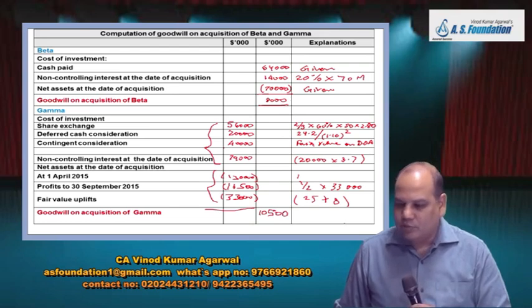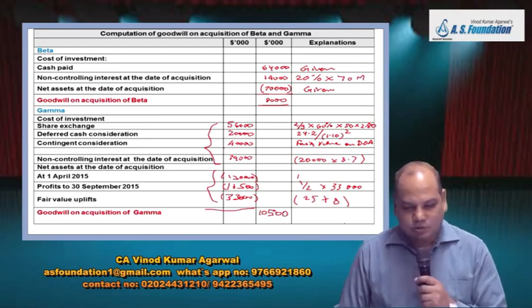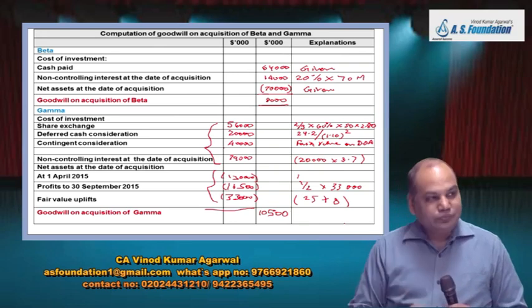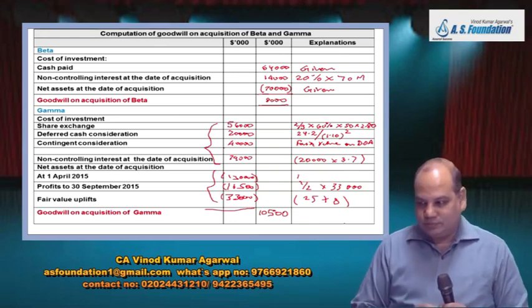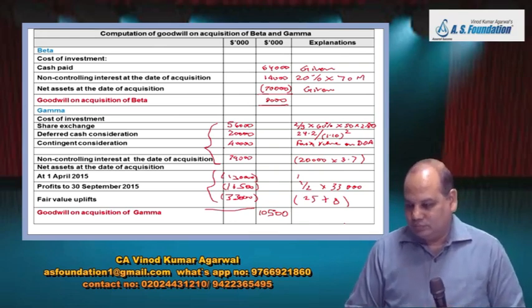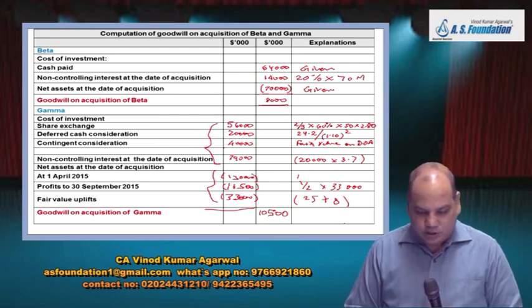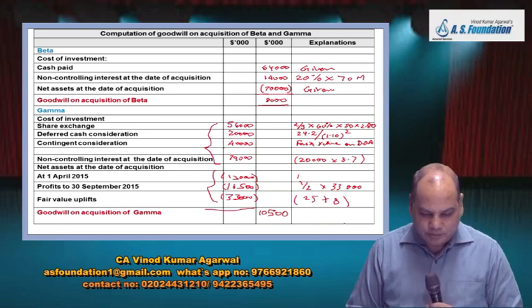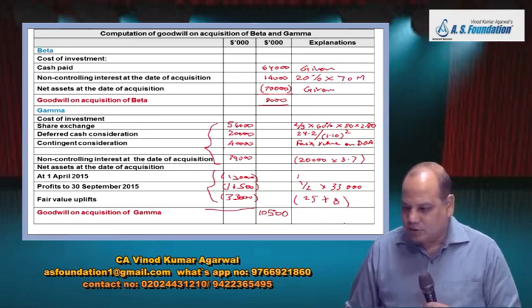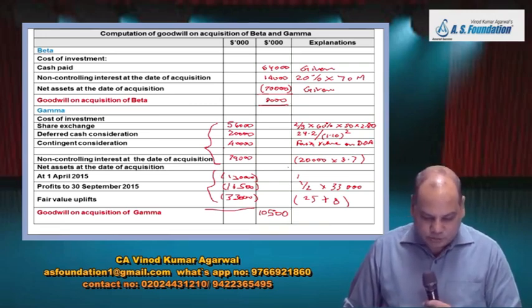So some marks will be allocated for goodwill calculation also. Okay. 8,000 for beta, 10,500 for gamma. Beta's goodwill has been impaired. So all other adjustment we'll discuss later. Gamma's goodwill is not impaired.